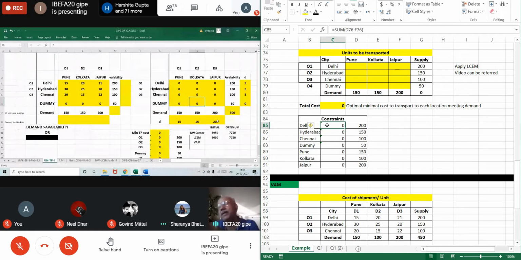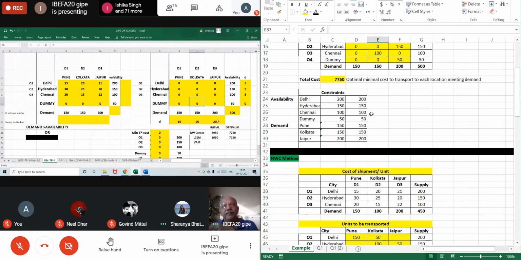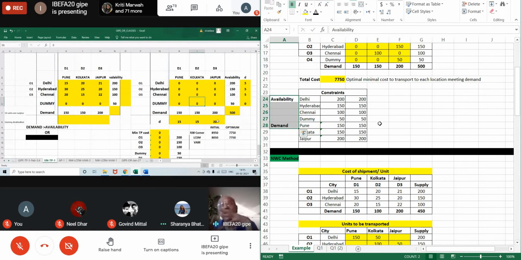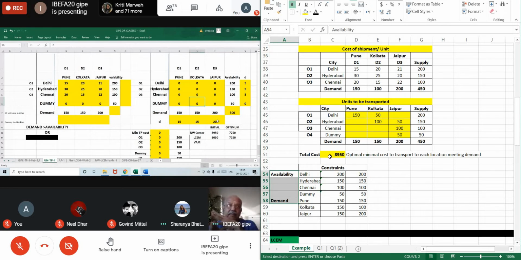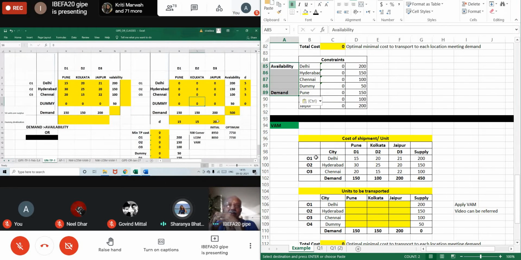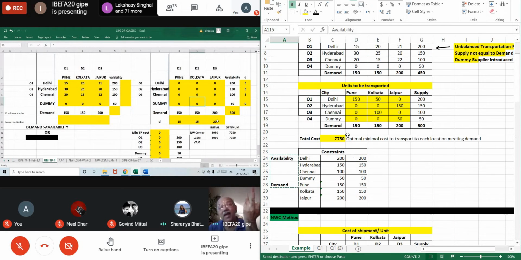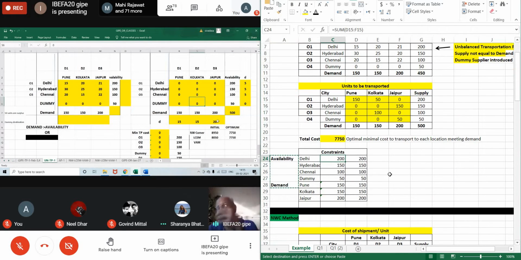If northwest corner method takes 3 iterations, least cost entry method may take 2 iterations, sometimes VAM will give you immediately. From that point of view, it is a mathematical method. So VAM can basically have different answers. Any answer is possible for VAM.